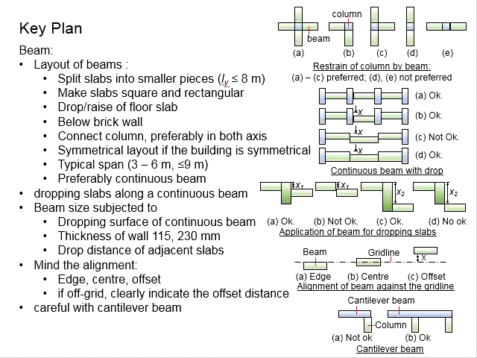Normally, you have to predetermine the size while you're producing the key plan. Only after you've done the analysis, in which you conclude the beam size, then you come back and refine your key plan. Let's say now you overestimate the size of the beam. The implication is that the design will be uneconomical.